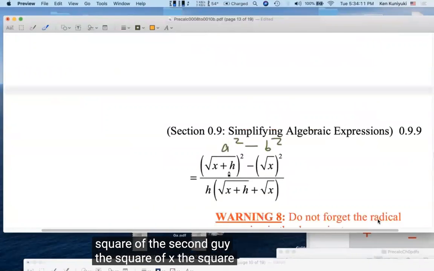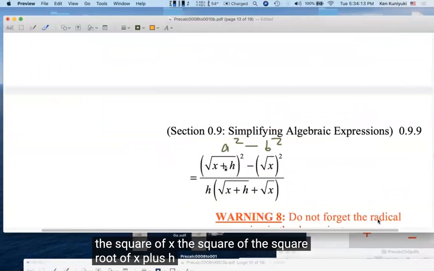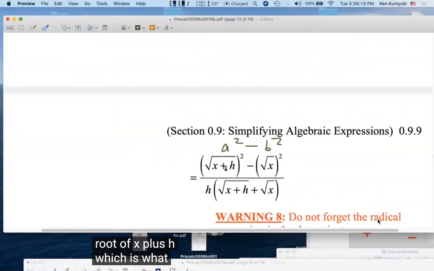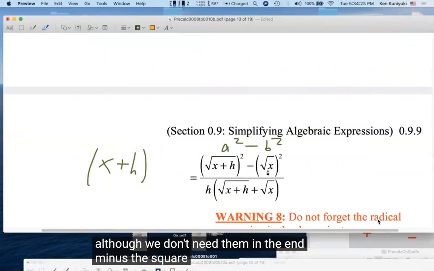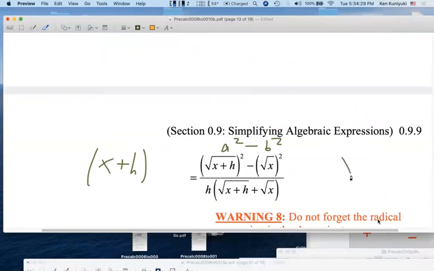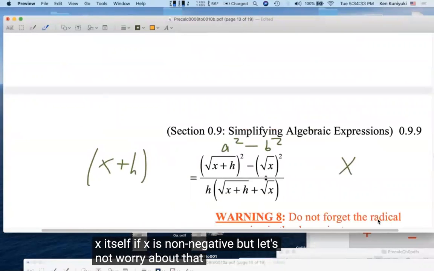The square of the square root of x plus h, which is what? It's just x plus h. Let's put grouping symbols to be safe, although we don't need them in the end. Minus the square of root x, which is x itself. If x is non-negative, but let's not worry about that.